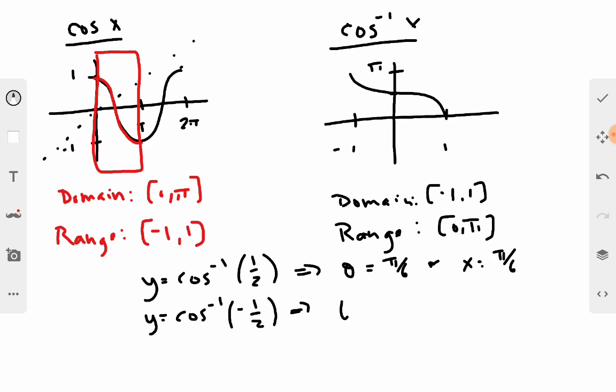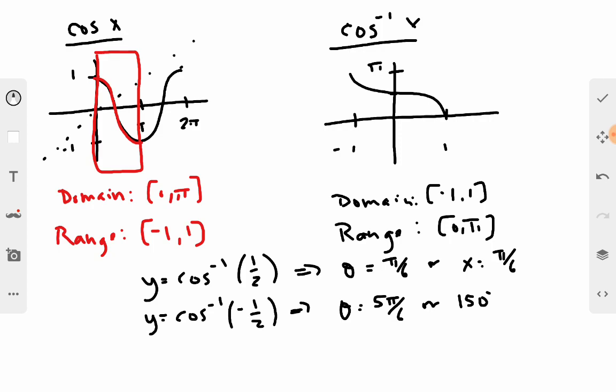So when you do this, you're going to get that theta is equal to 5 pi over 6 or 150. Okay, so it might seem to make more sense if it would give you a negative theta angle, like sine does, but it doesn't. It's going to return first and second quadrant answers only. So if you wanted this in the fourth quadrant, you'd have to use that as your reference angle, and then go into the fourth quadrant.